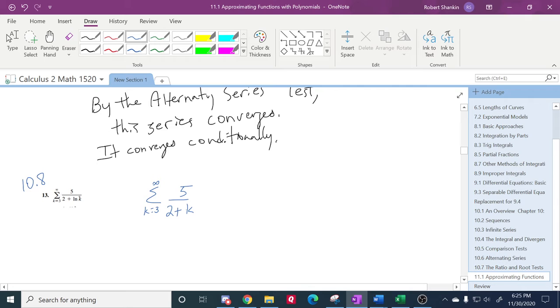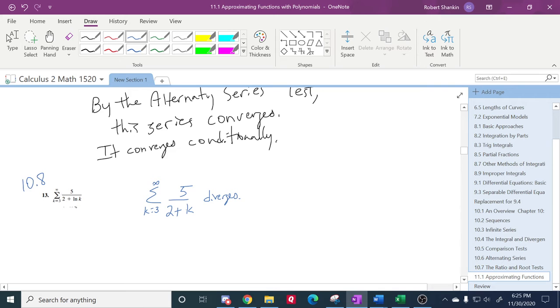And then this has to go to infinity fast to make the fraction go to 0. This has to go to infinity faster than this goes to infinity, but this goes to infinity way slower than this does. This one is essentially the harmonic series. This one diverges, so this one is going to also diverge. But how do you pick the right test so that you can show it?